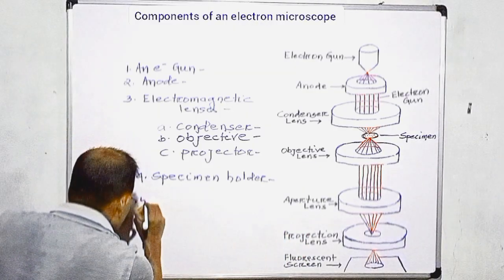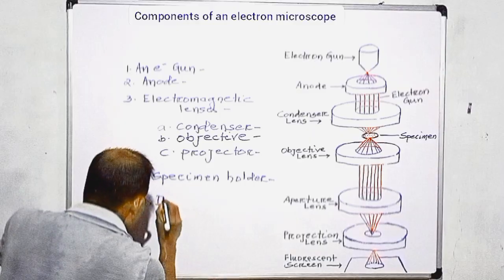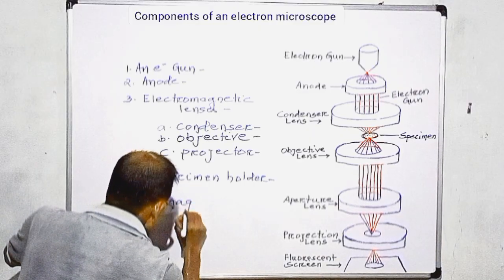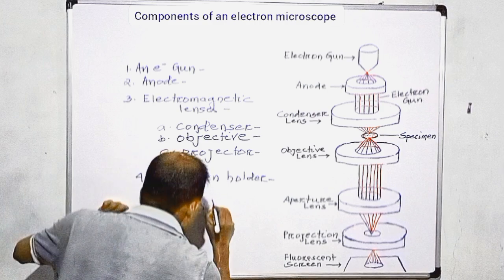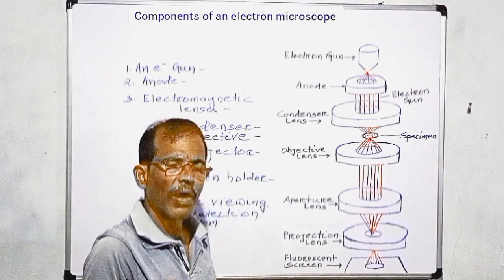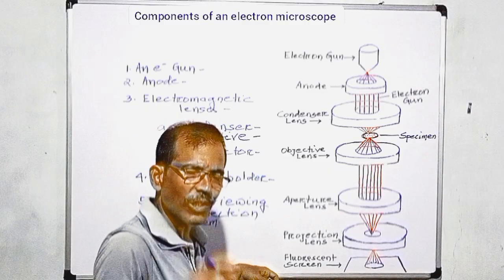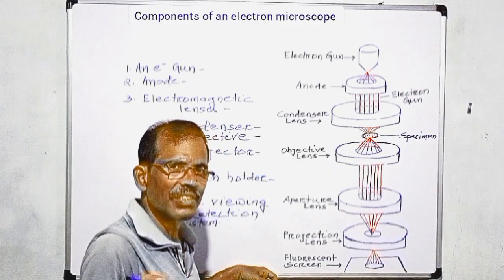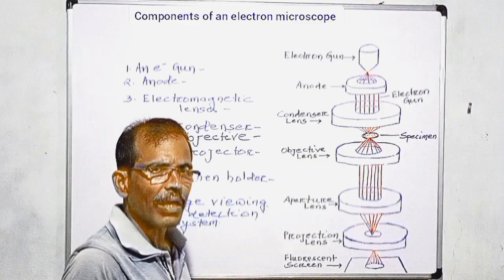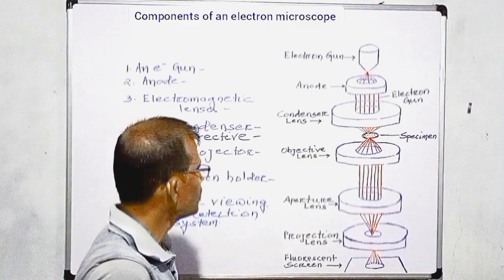Last component is the image viewing and detection system. The final magnified image is projected onto a fluorescent screen. Below the screen, there is a camera for recording the image.